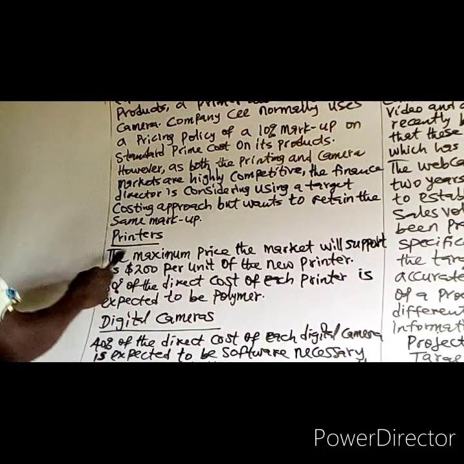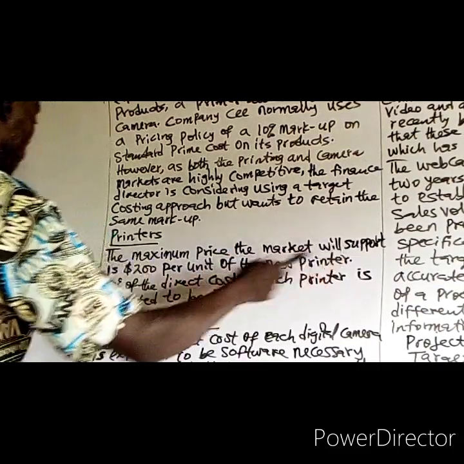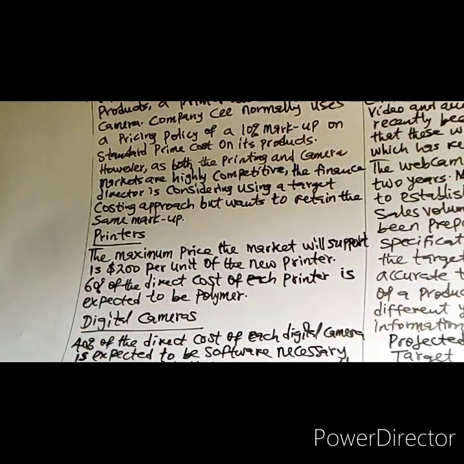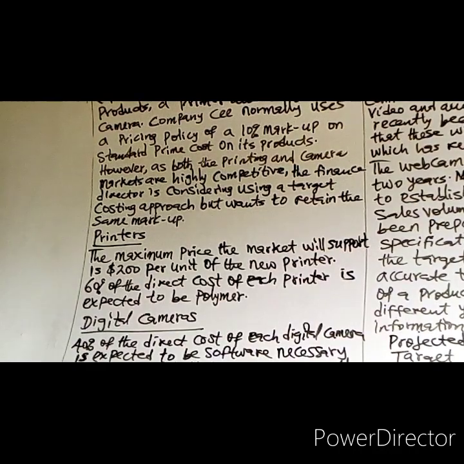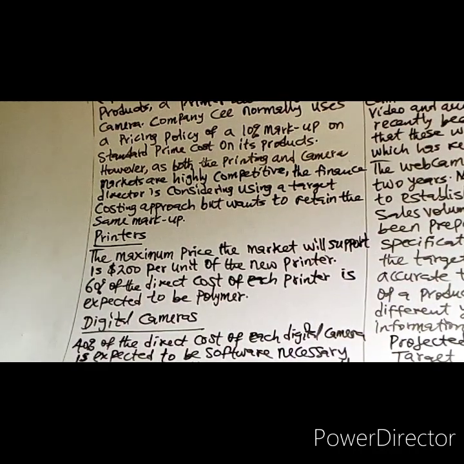Printers. The maximum price the market will support is $200 per unit of the printer. 60% of the direct cost of each printer is expected to be polymer.